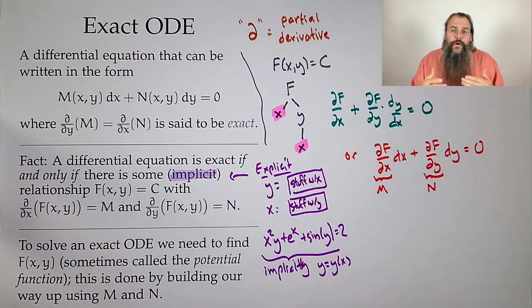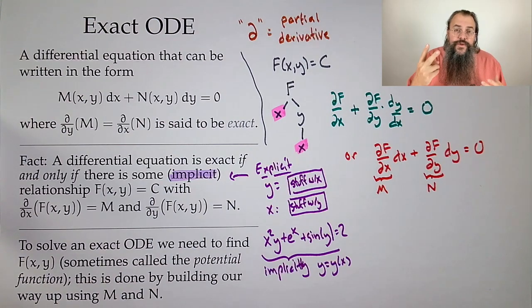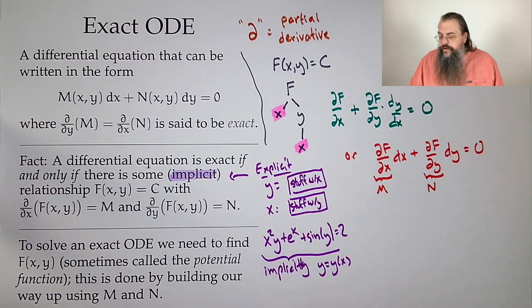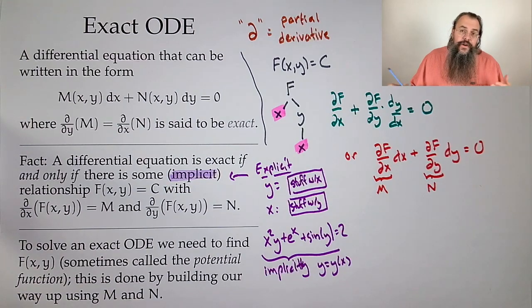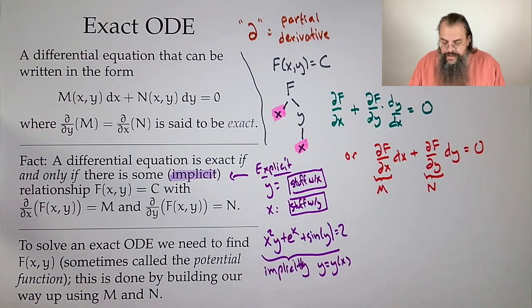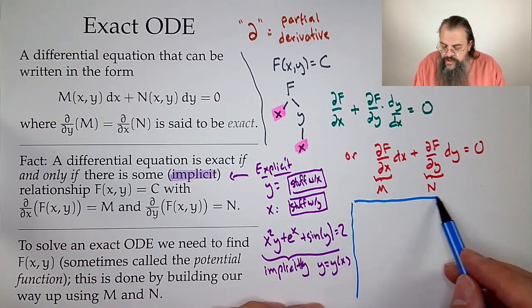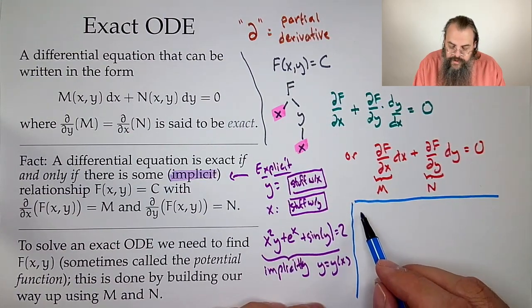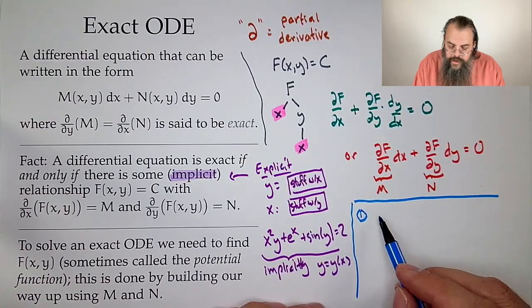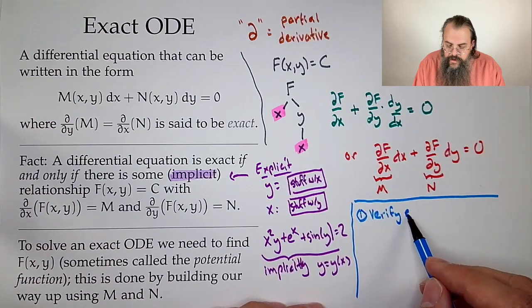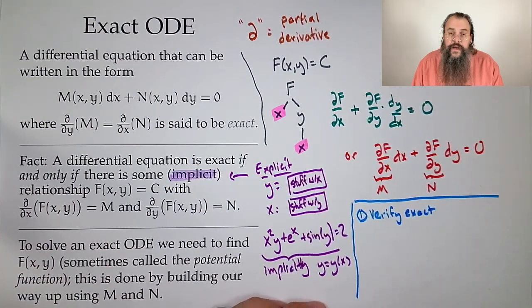And, well, the way to go about it, there's a couple of ways, and I can outline two. One way, if we were being very slow and cautious and we had all the time in the world, we might do the following. One, we verify that it's exact, so let's just run that process.